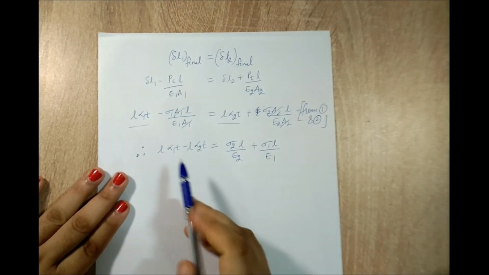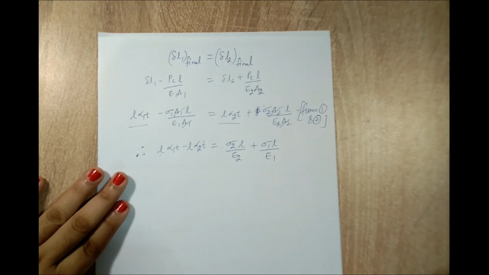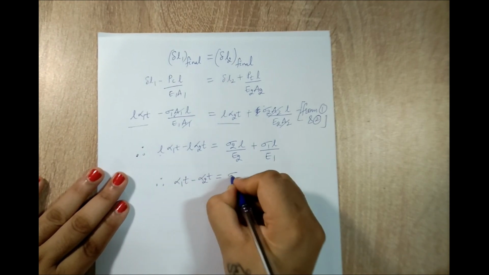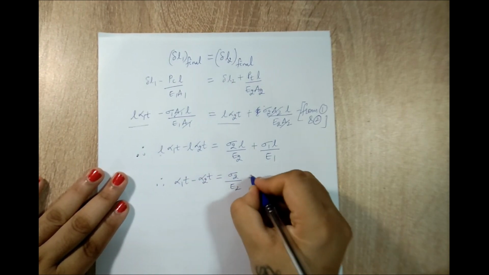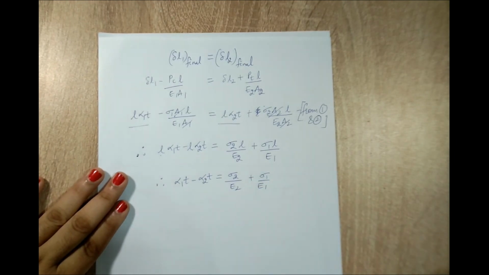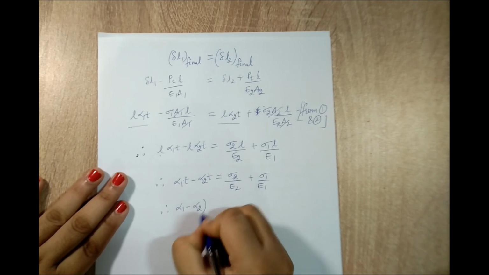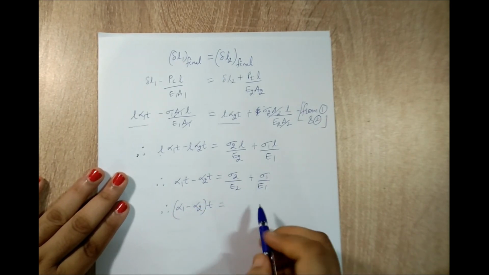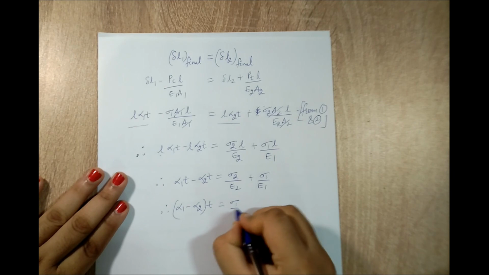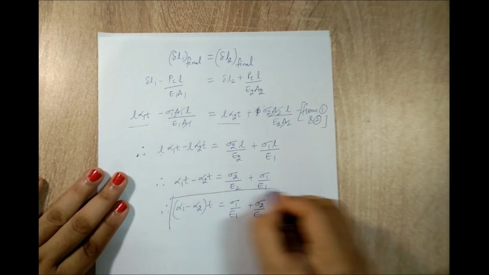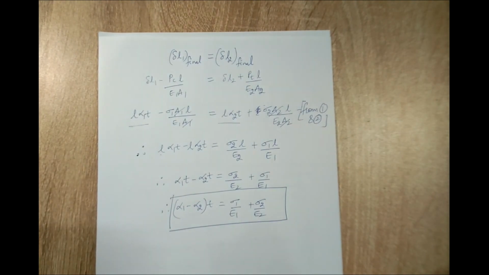If you observe, L is a common term in each of them, so I can just remove L. So what I get is alpha 1 T minus alpha 2 T is equal to sigma 2 upon E2 plus sigma 1 by E1. Let's take T common over here. So I get (alpha 1 minus alpha 2) T is equal to, rearranging these terms, sigma 1 upon E1 plus sigma 2 by E2. So this is the equation which we can use for composite bars when there is a change in temperature.